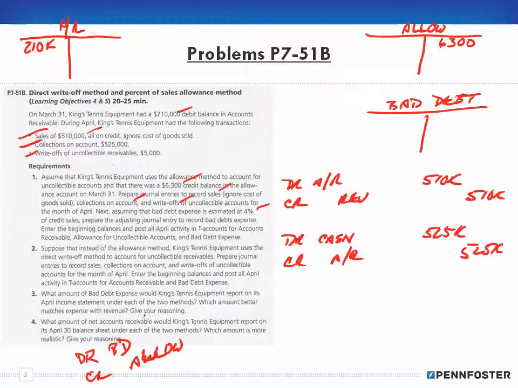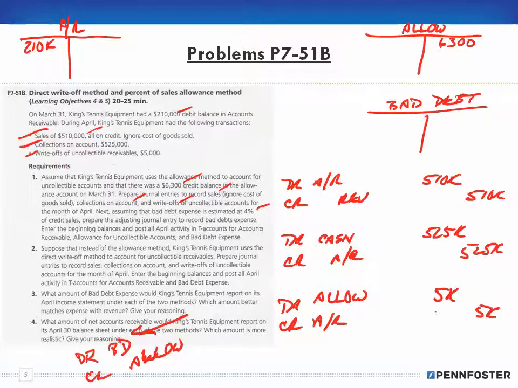So when we actually write off the accounts receivable, we're going to reduce our accounts receivable. So we credit our accounts receivable, in this case, for the amount of $5,000. And the offsetting side, debit equaling credit, is against the allowance account, because we already recorded the bad debt expense in the previous month. So we are going to debit the allowance for uncollectible accounts.